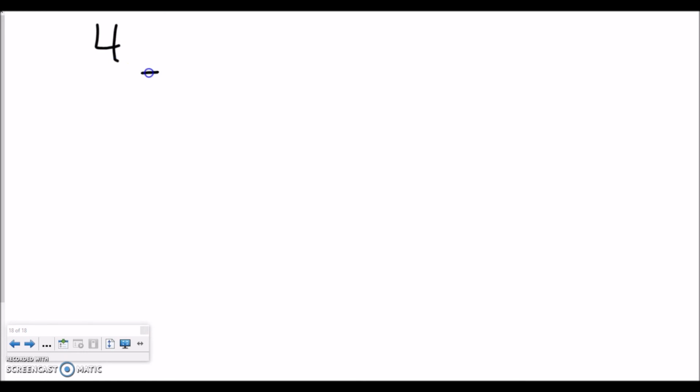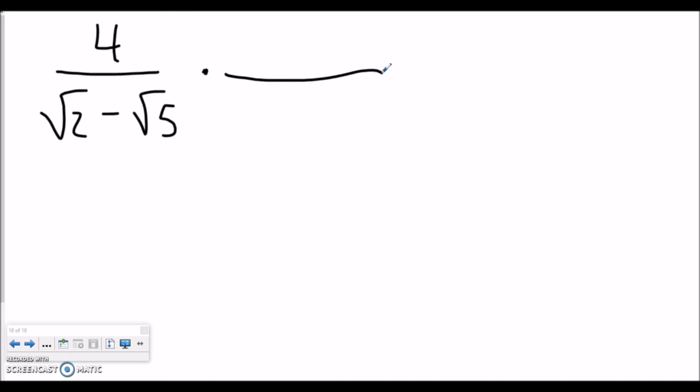Let's do 4 over the square root of 2 minus the square root of 5. Well, Mr. Repka, we've been doing problems with plus and minuses in the denominator, but we've only had one square root. Now we have 2 square roots. I would tell you that the process doesn't change. Just change that denominator to a plus.